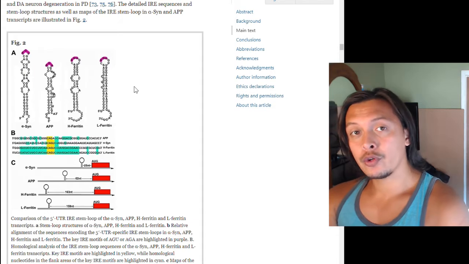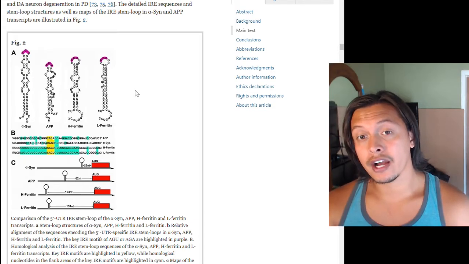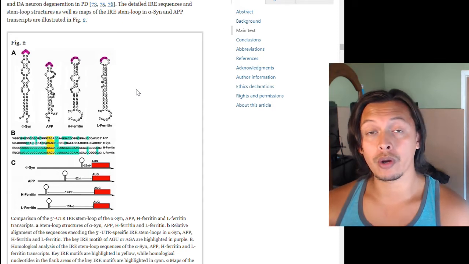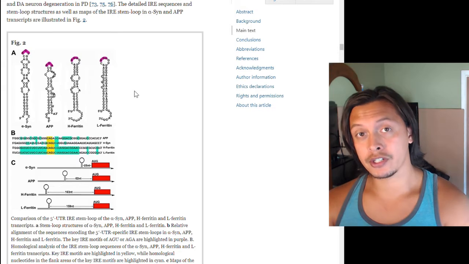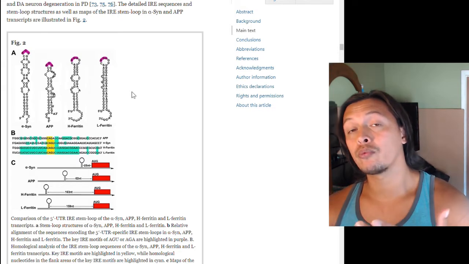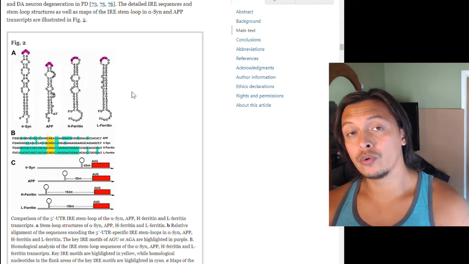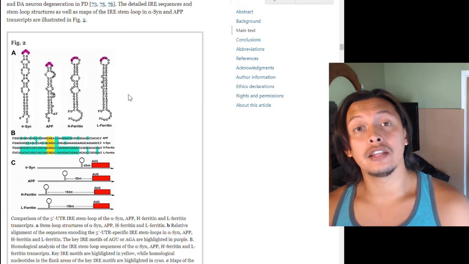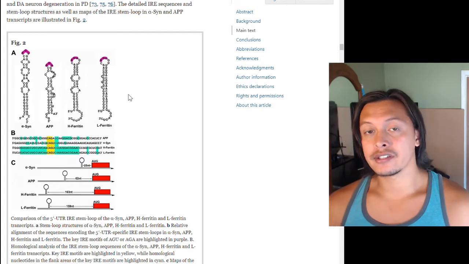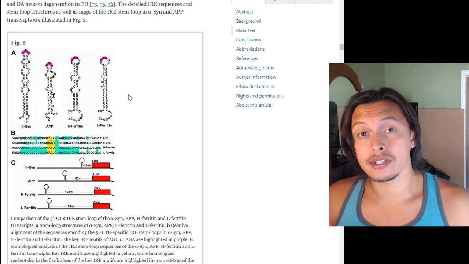If you have proteins that are highly upregulated in the presence of iron, or in the dysregulation of iron to the point where you have way too much of it in your system, then you produce so much of this protein that it becomes easier for these proteins to precipitate out of solution, and then they can form aggregates, and these aggregates can interfere with the cell's normal ability to function and sometimes can result in cell death.